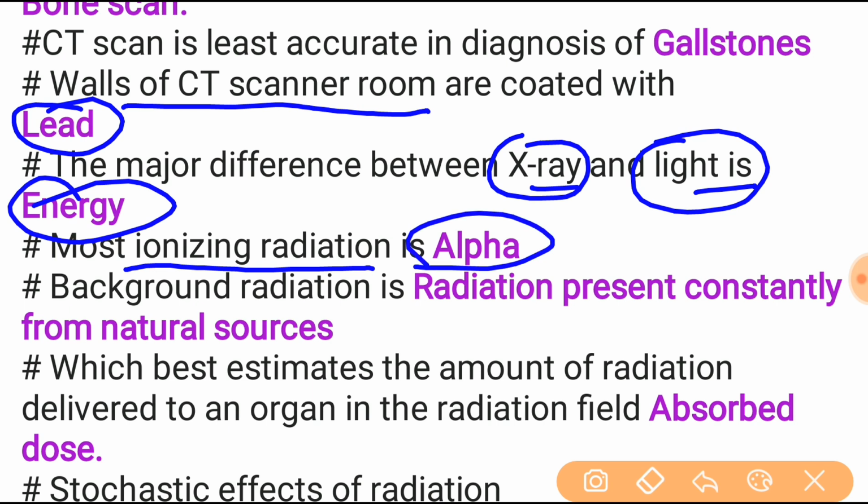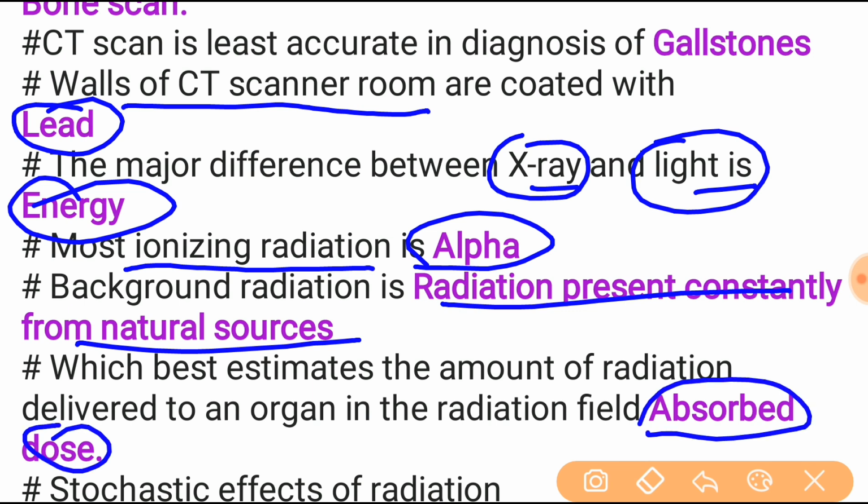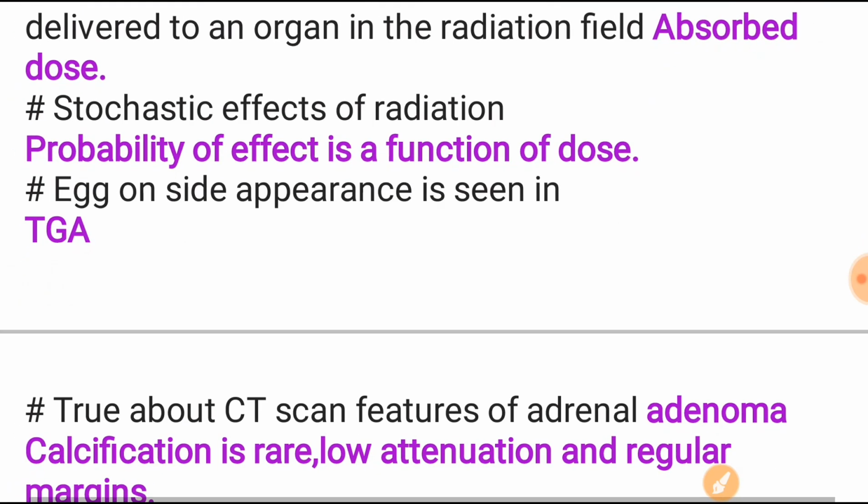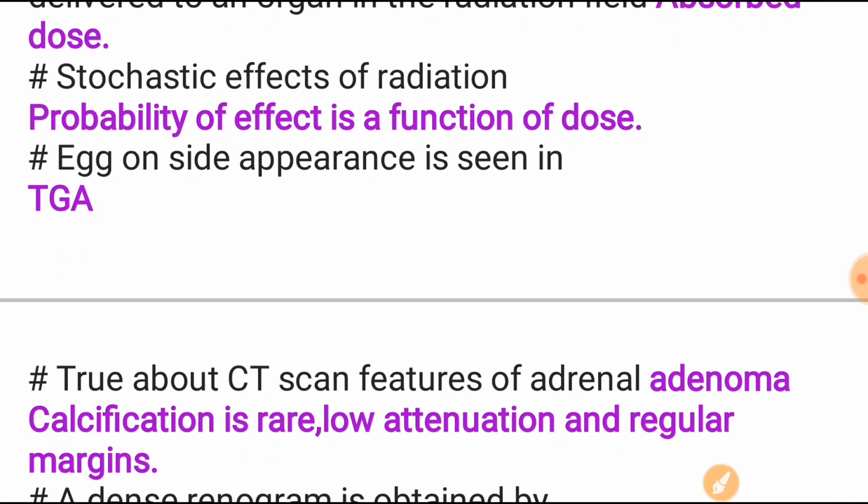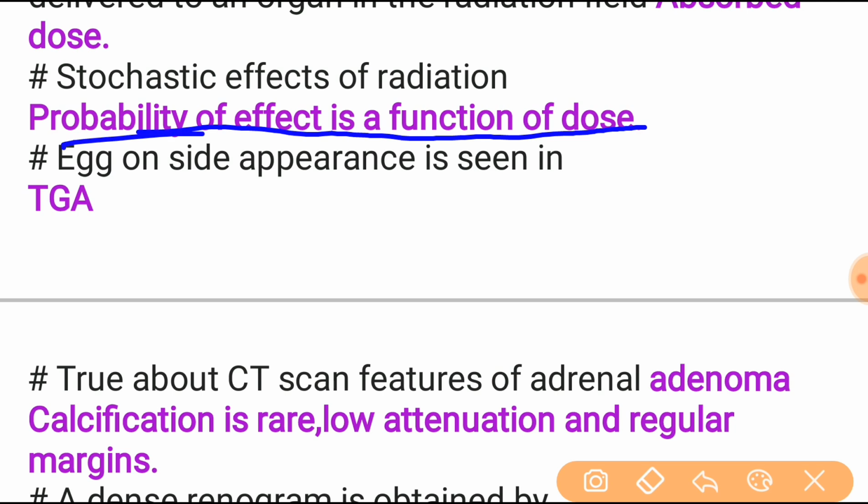Background radiation is radiation present constantly from natural sources. What best estimates the amount of radiation delivered to an organ in the radiation field is absorbed dose. Next, the stochastic effect of radiation is that probability of effect is a function of dose. You have to remember: probability of effect is a function of the dose.